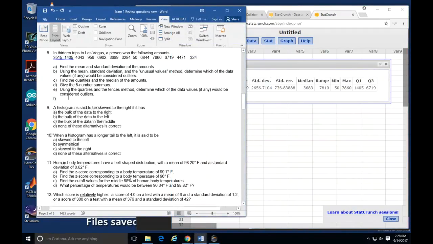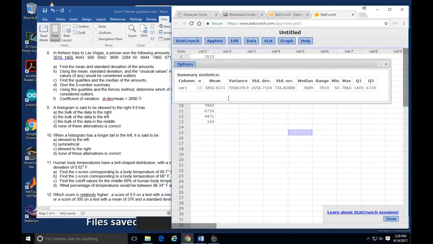So I'm going to put an extra line in here about the coefficient of variation. That's the standard deviation divided by the mean. In this one, that would be 2,656.7 divided by 3850.9.